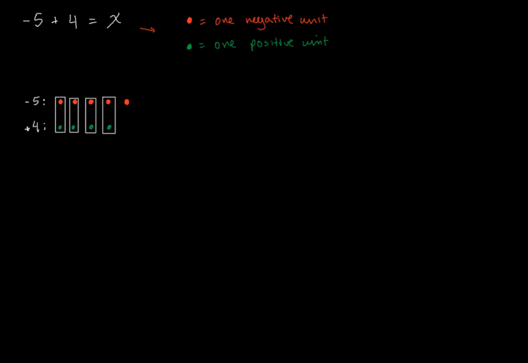And then I want you to count up the number of negative or positive dots that you have left, and you're going to represent that number with an integer. So in this case, I'm left with this one orange dot, and that represents one negative unit. So I know that -5 plus 4 is equal to -1, or one negative unit, just like that.